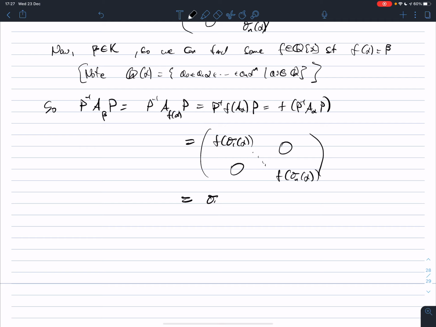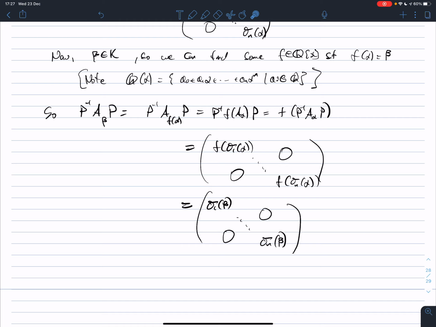This is just going to be sigma 1 of beta, through sigma n of beta. I'm taking my polynomial and now I apply sigma to this. So alpha is going to map to one of its conjugate roots, and beta is going to map to one of its conjugate roots. And so this is what this thing turns into.